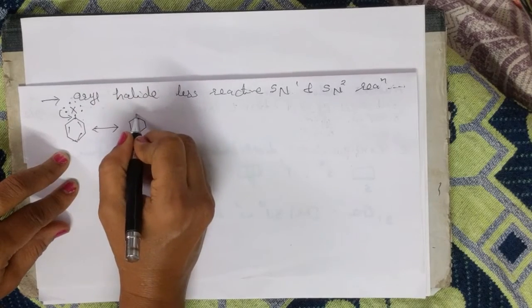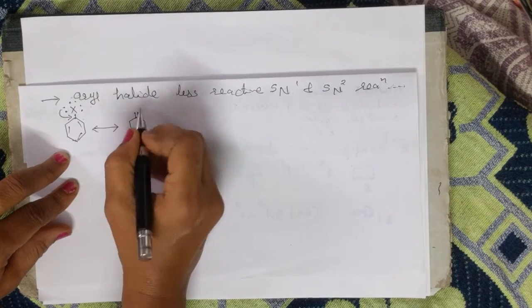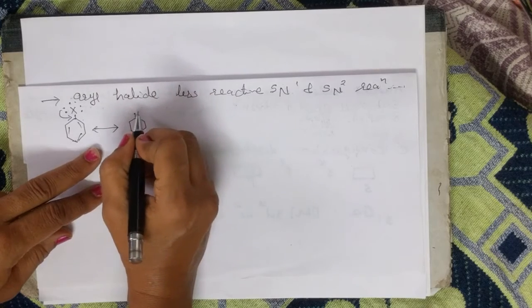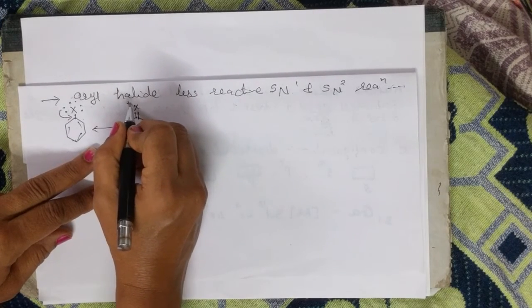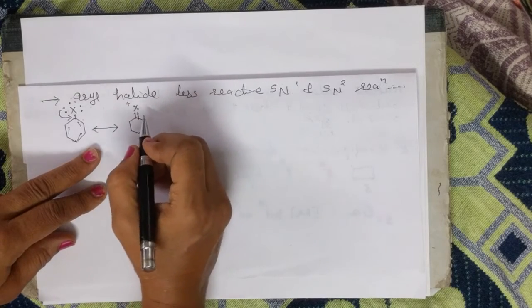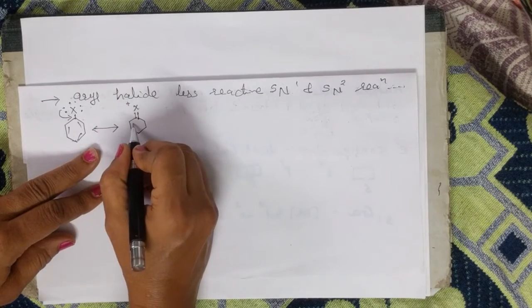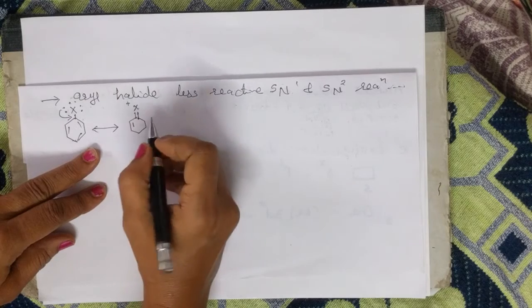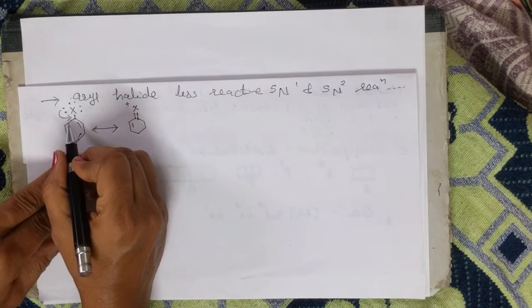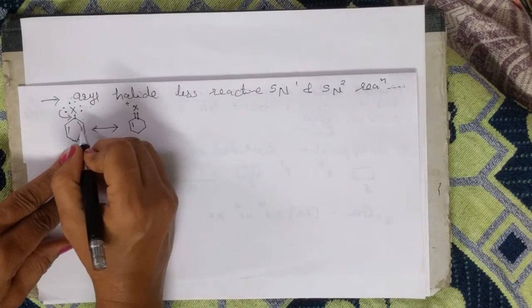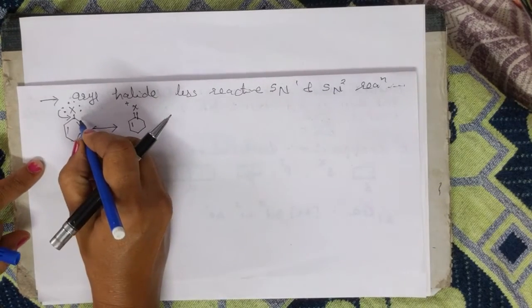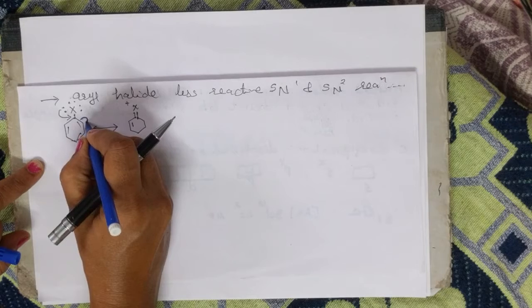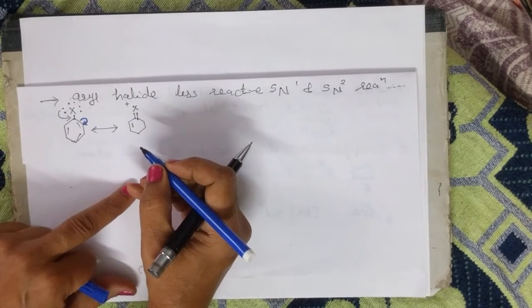this bond possesses the double bond, and here this X becomes positively charged. As the cleavage occurs, the bond gives a negative charge to this position.